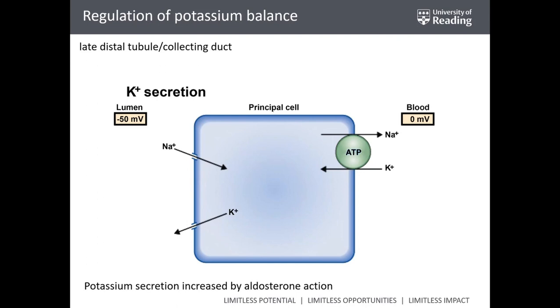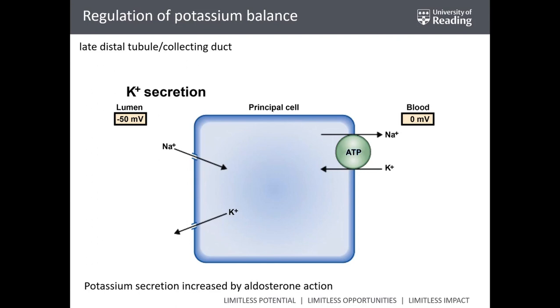As usual, we have an electrical potential in the lumen of minus 50 millivolts and a potential in the blood of 0. But at this point in the late distal tubule and collecting duct, we don't have the alpha cells we were talking about beforehand. We have another kind of epithelial cell.